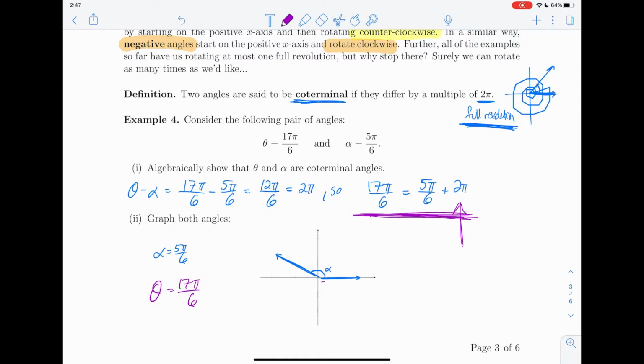So again, starting in the eastward direction here, I'm going to introduce a full revolution. Then, after I did my full revolution, I'm going to go 5 pi over 6. And then I'll still end up pointing in the same direction. That's the key. But the difference is I got there in a slightly different fashion. So the purple here is exactly theta.